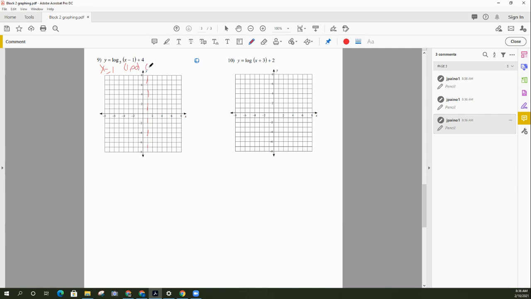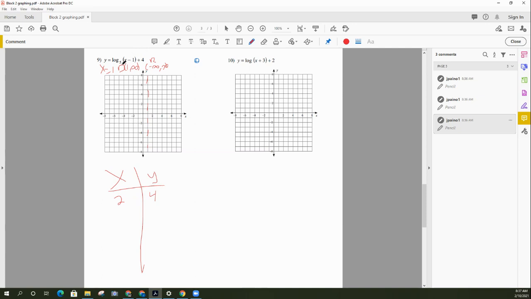And my range is all real numbers. That's my range, that's my domain. Make my table of values. All right, so I'm going to start at 1 more than h. So I'm going to start at 2, and then that's going to give me my k.